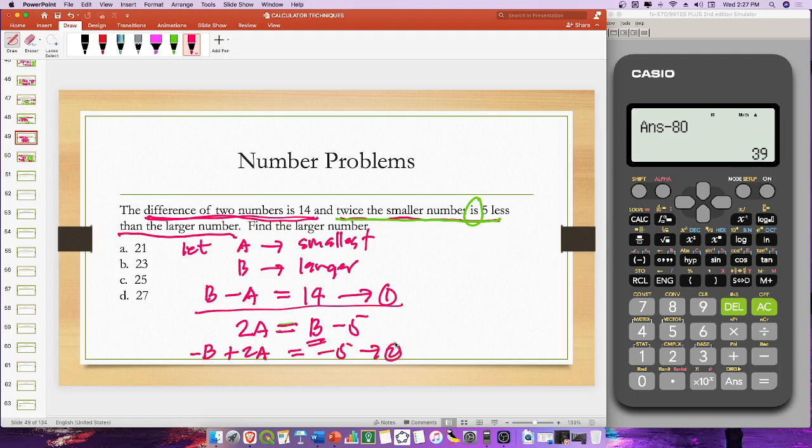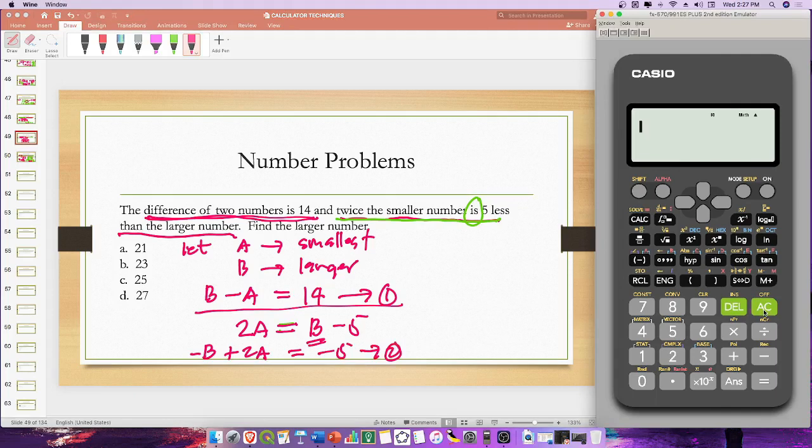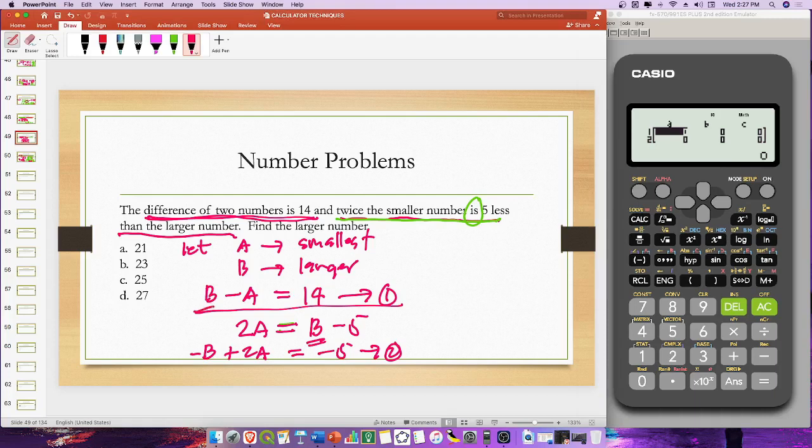Now using your calculator in mode equation, so you've done that before, mode equation, mode 5, you can select 1 for two equations, two unknowns. But take note, here, our first number will be b. Because we are looking for the larger number, we need to solve for b.